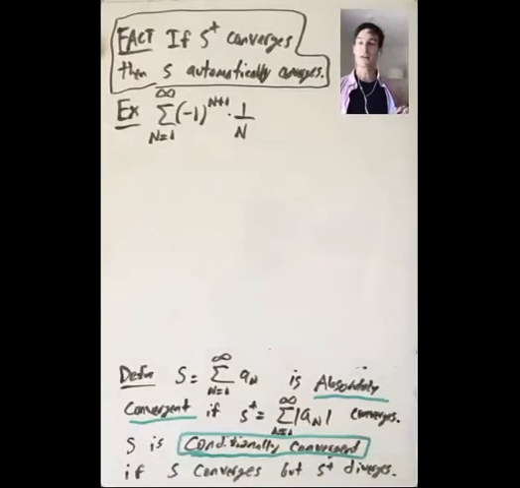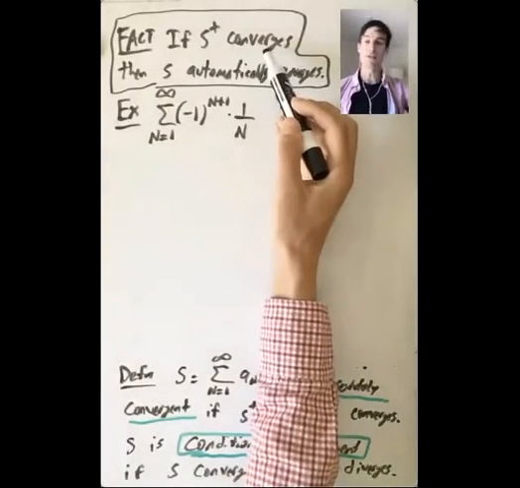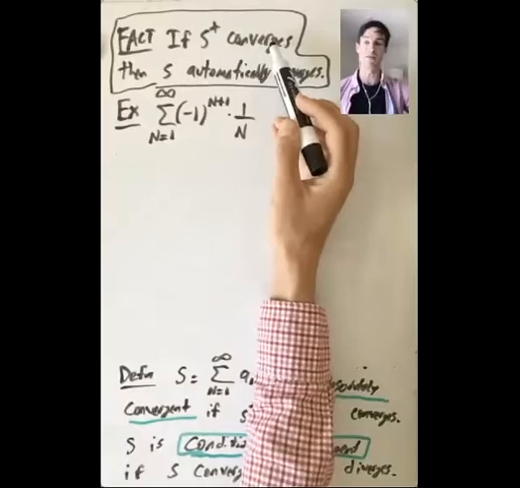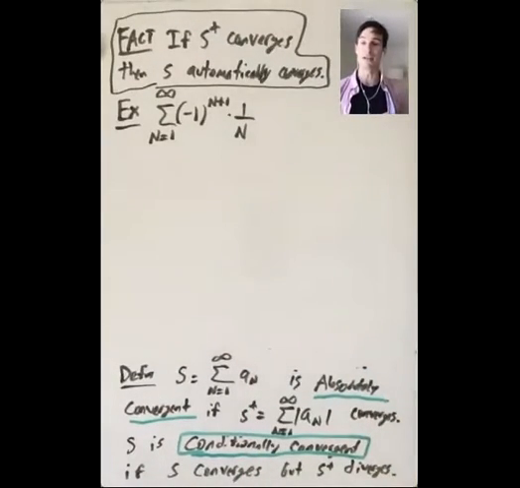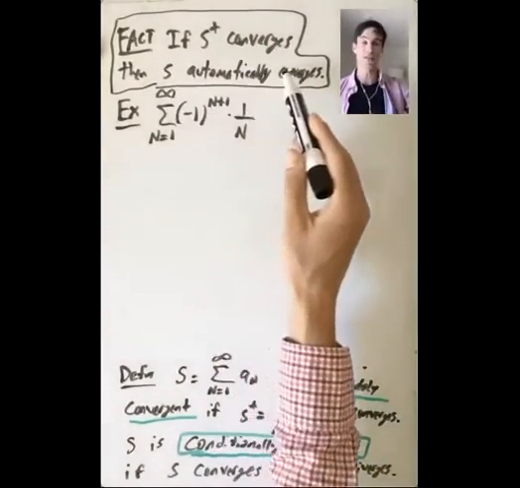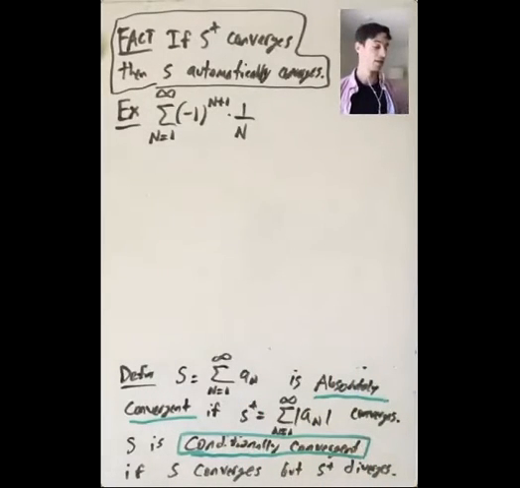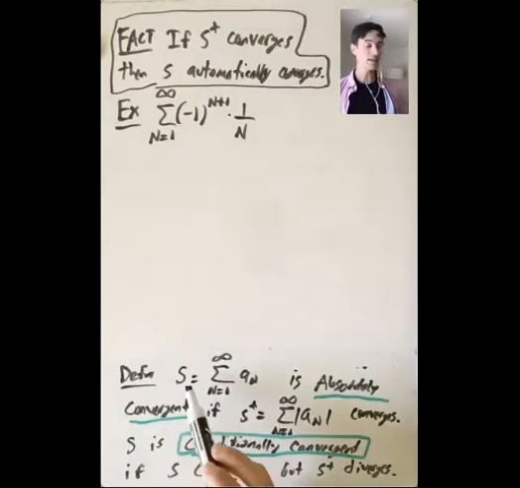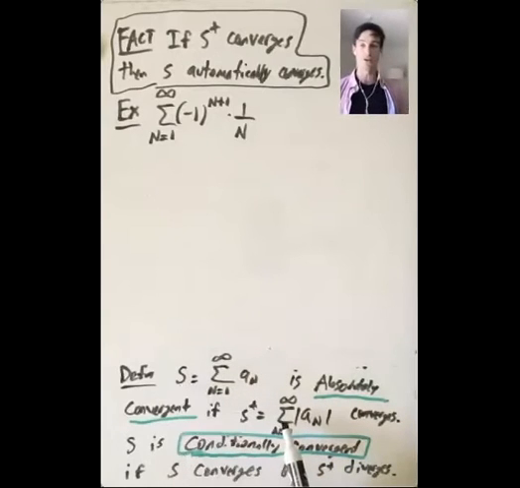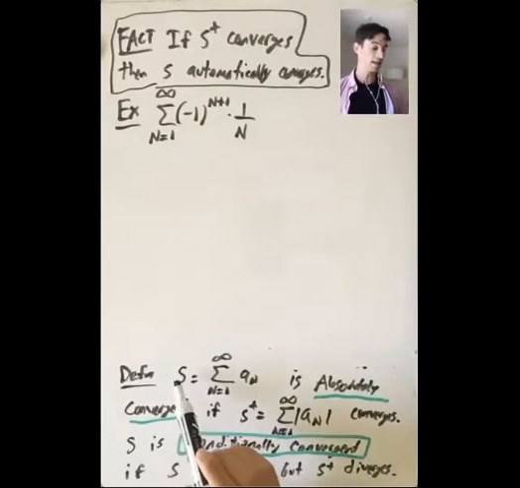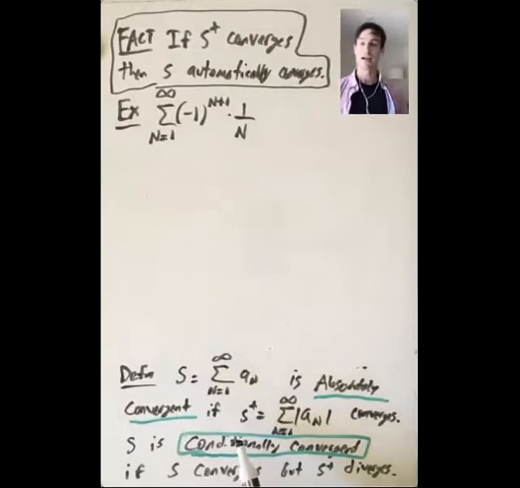To clarify the relationship between S converging and S plus converging, it's not so difficult to show that if S plus converges, if you put in absolute values and you get something that converges, then your original series automatically converges. So absolutely convergent means that S plus converges, but that means that S also converges. So the options here are both converge for absolutely convergent, or S converges and S plus diverges. It's just not possible for S plus to converge and S to diverge.